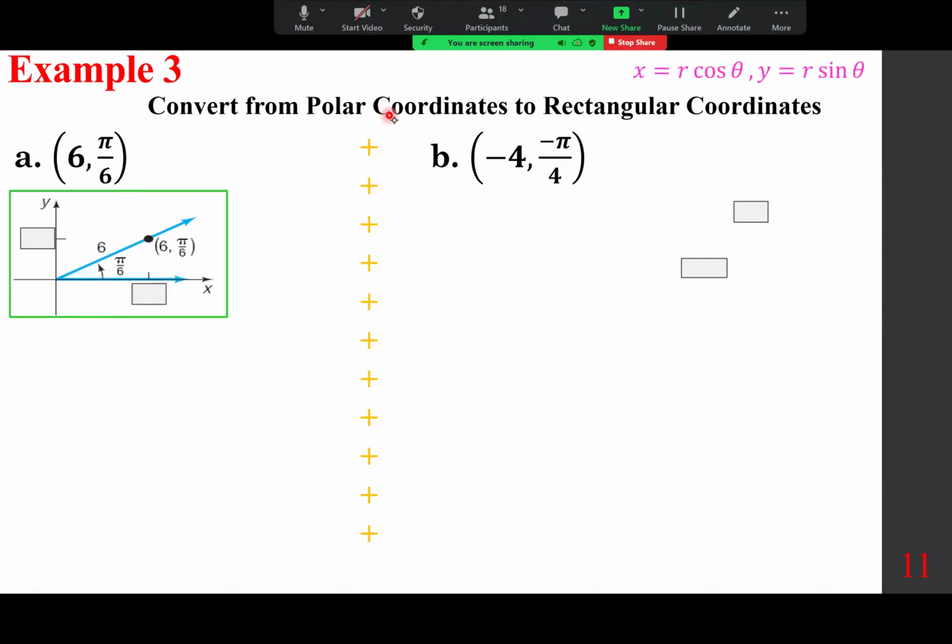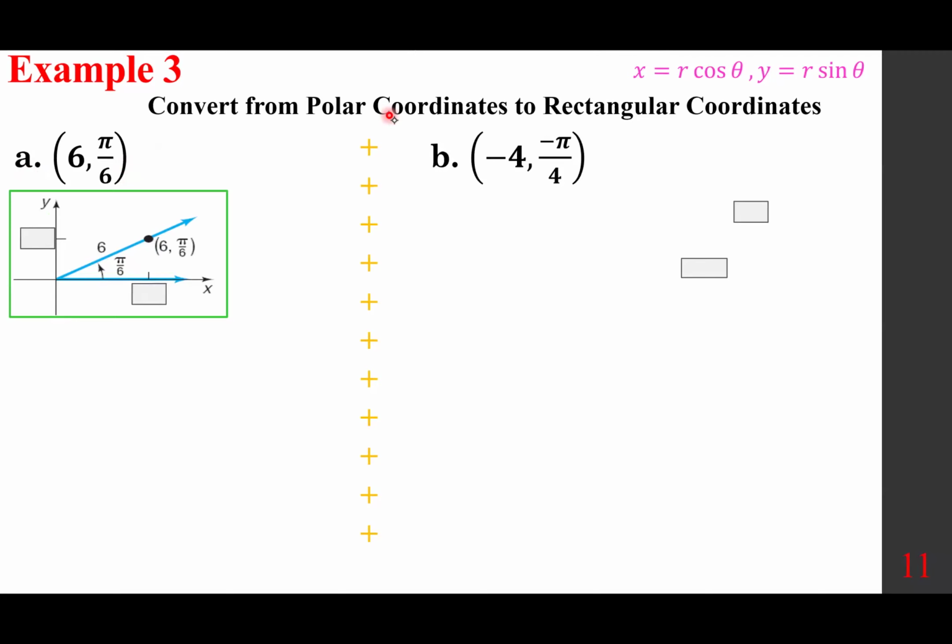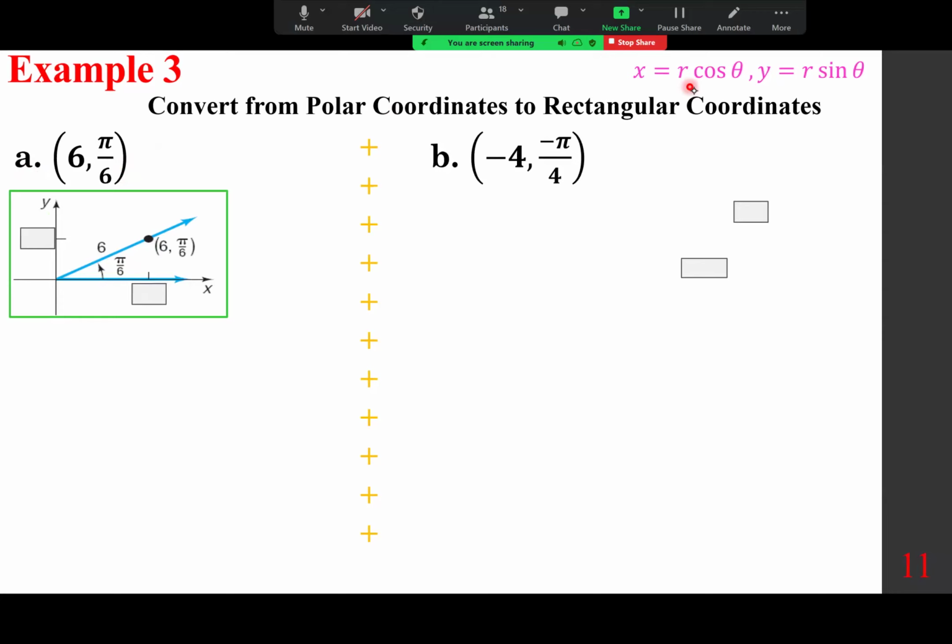So it looks something like that. x is r cosine theta. So this is r, 6 cosine of pi over 6. And of course, that's a common arc. Cosine of pi over 6 or 30 degrees is square root of 3 over 2. So 3 square root of 3 is the x coordinate.